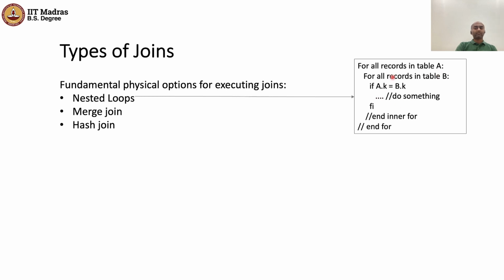The performance of this kind of join is going to be the same with respect to the ordering of the tables. So it is going to be n times n. If you have n records in A, n records in B, n times n is what you need in terms of the time it takes to go through this process.